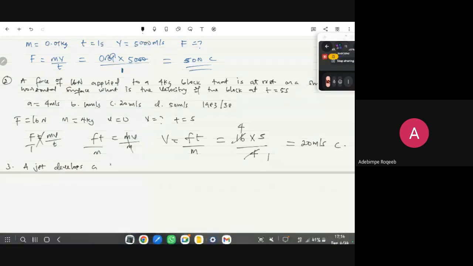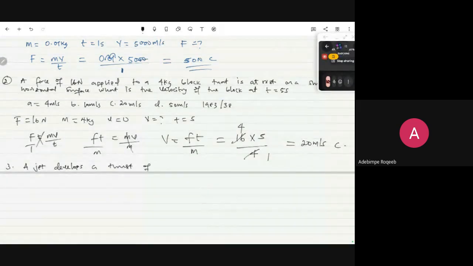So question 3: a jet develops a thrust of 270 Newton seconds when the velocity of the exhaust gases relative to the engine is 300 meters per second.